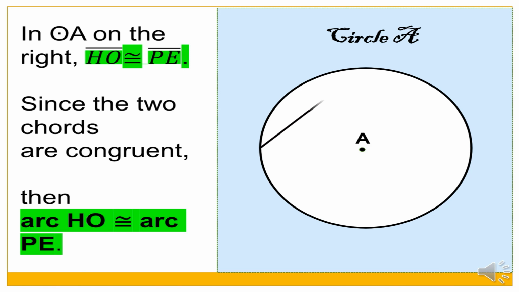In circle A, given that line segment HO is congruent to line segment PE. Since the two chords are congruent, we say also that arc HO is congruent to arc PE.